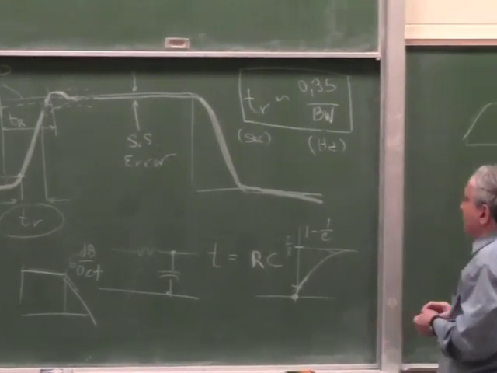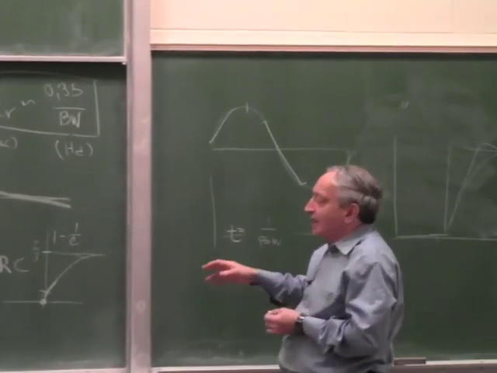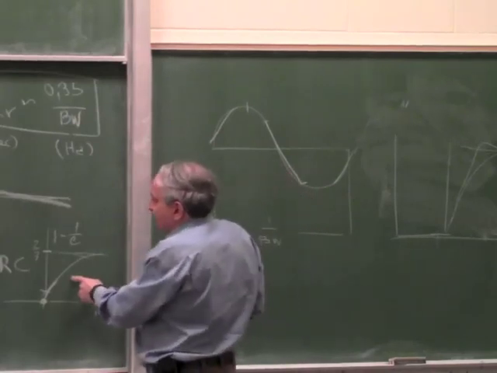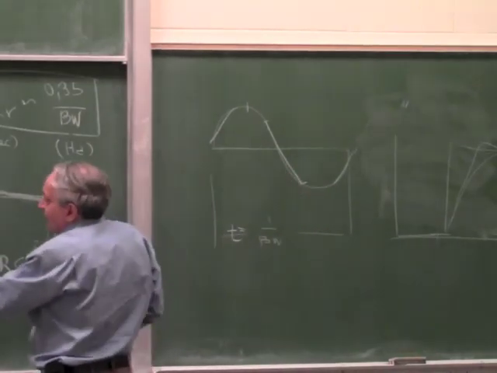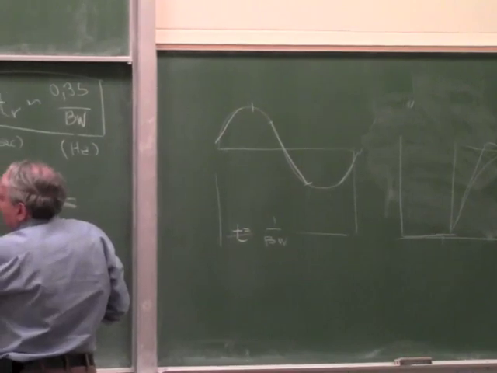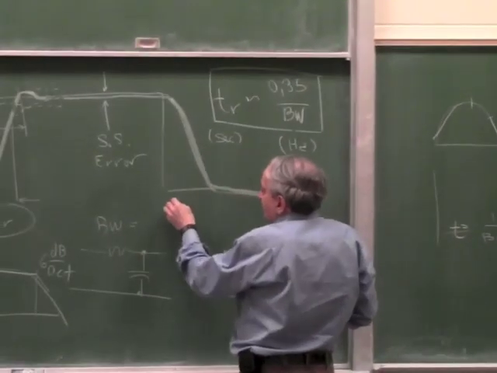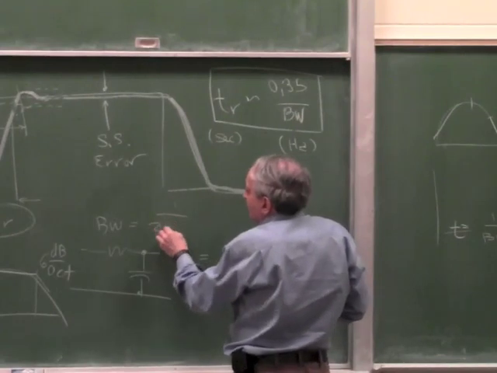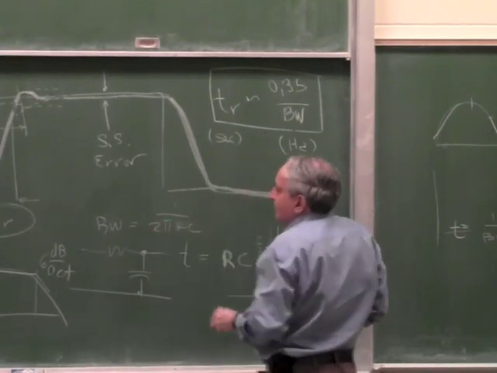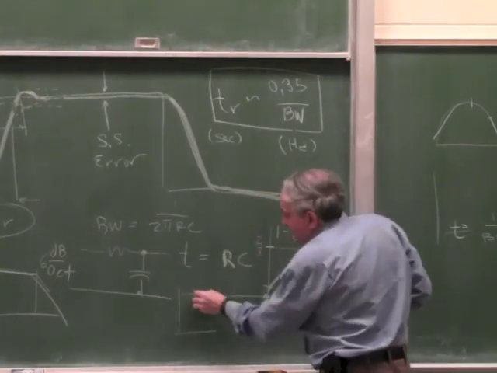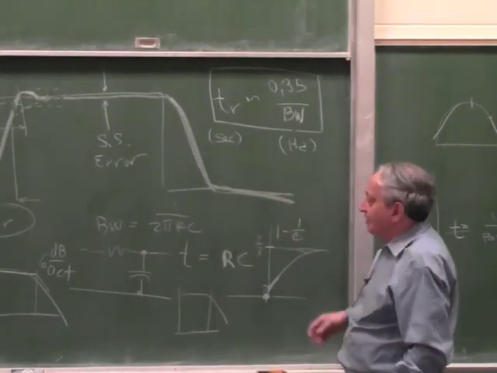Now one way to derive it, if you want to derive it yourself: you know that for this system the bandwidth is defined as 1 over 2 pi RC, right? Because the 3 dB point of a simple system can be calculated.